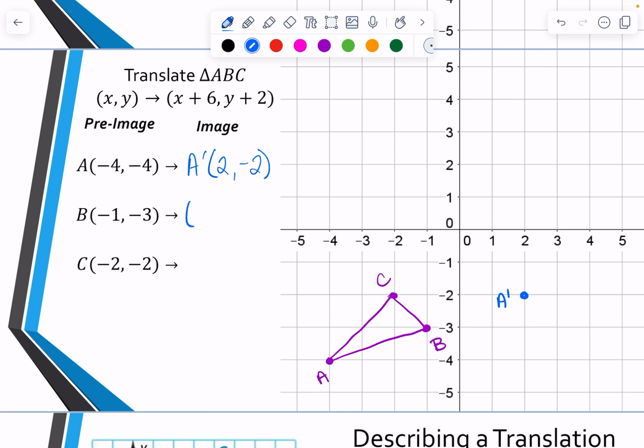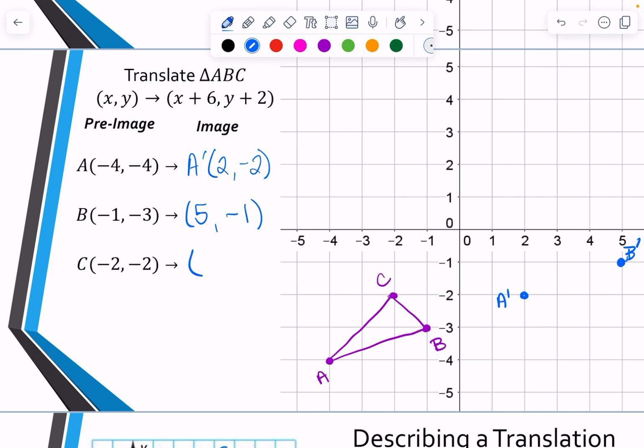B prime, -1 plus 6 puts me at a 5. And then -3 plus 2 puts me at a -1. So 5, -1. That's going to put us at B prime. And then the last one, C prime.